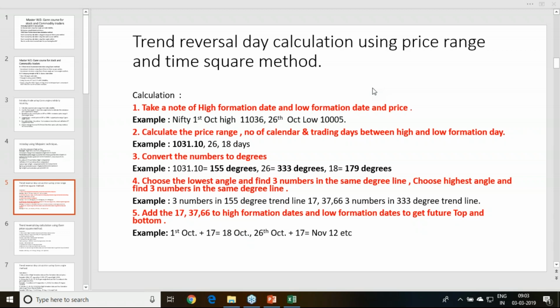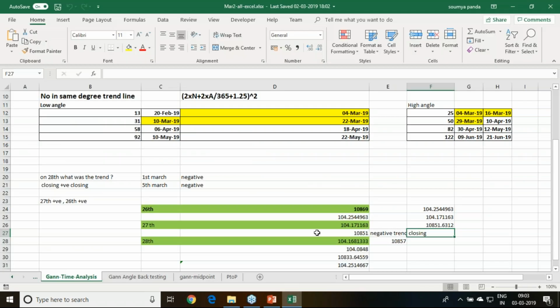In this context also, I told you one ambiguous fact is there. Whenever we talk about trend reversal, the most important fact is that whatever the trend is today, tomorrow it will be the opposite of that. That is the meaning of trend reversal. So only by observing the closing price we cannot identify the actual trend reversal phenomenon.